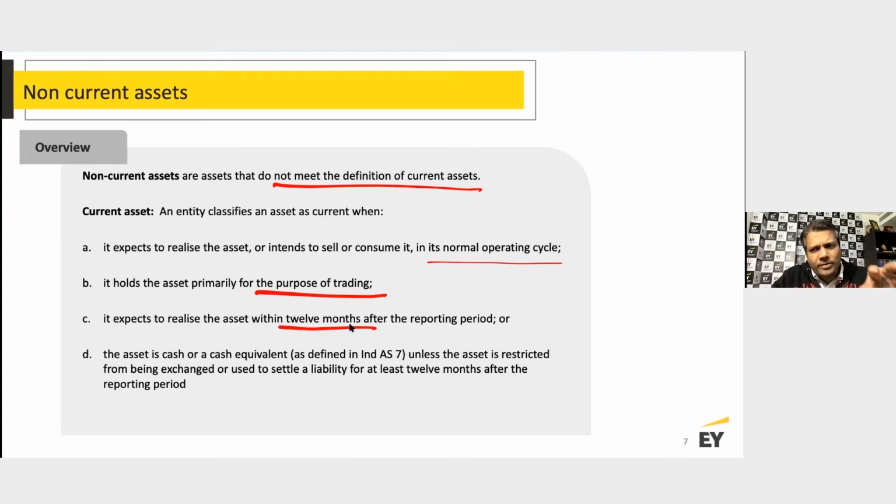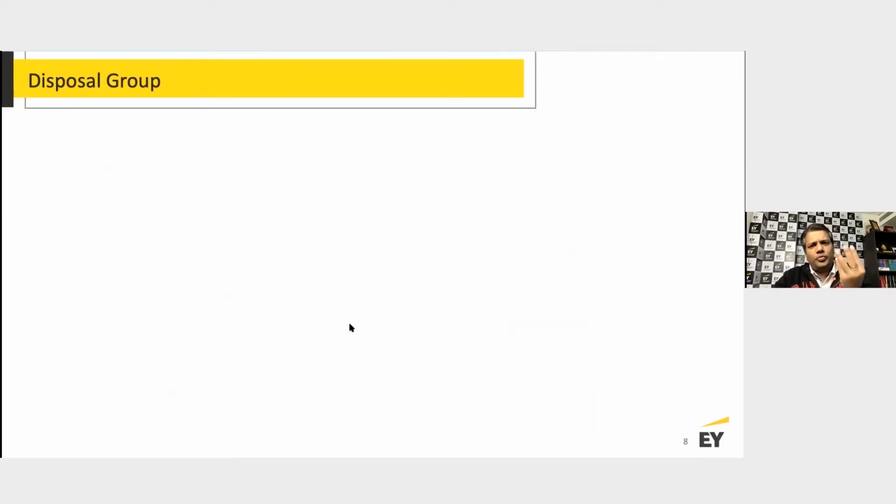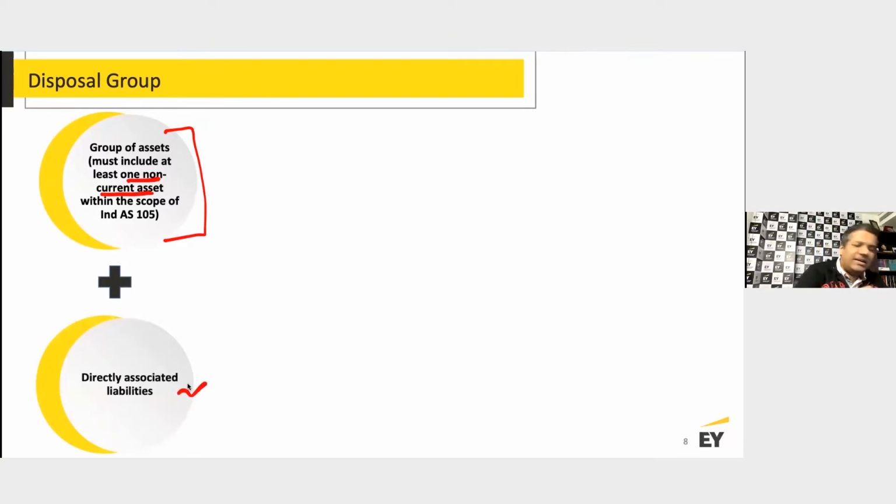So we've understood what a non-current asset is. Now we will try and understand the meaning of disposal group. A disposal group means a group of assets which must have at least one non-current asset forming part of that group, plus the directly associated liabilities.